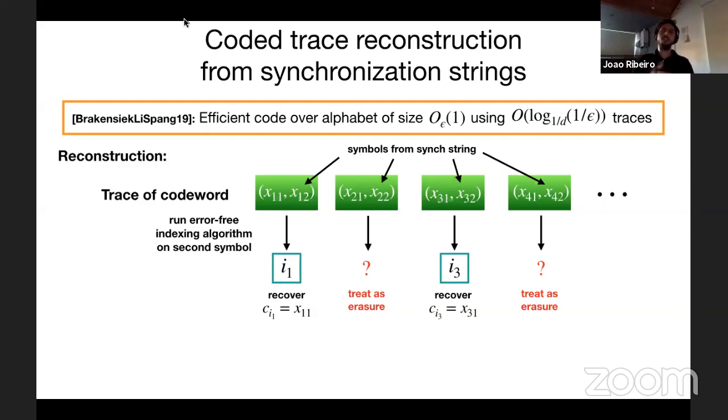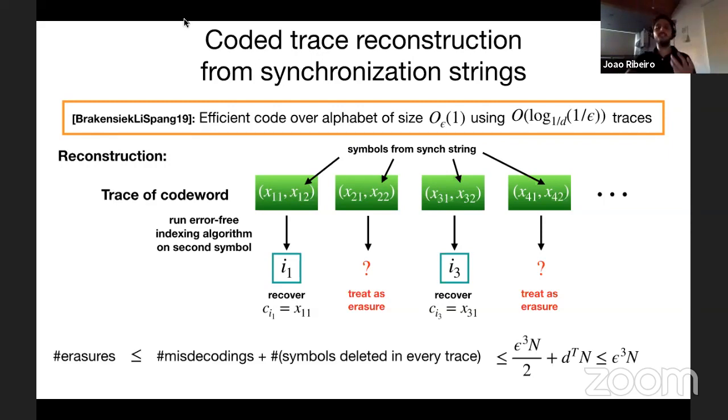If you abort, you just treat it as an erasure, but you have this outer code that corrects these erasures. The only thing we need to do to bound the number of erasures is bound the number of misdecodings and also bound the number of symbols that are deleted in every trace. So you need to make this small. It turns out that if you take your number of traces to be roughly order log 1 over epsilon, the number of erasures is small enough that your code C can correct them.